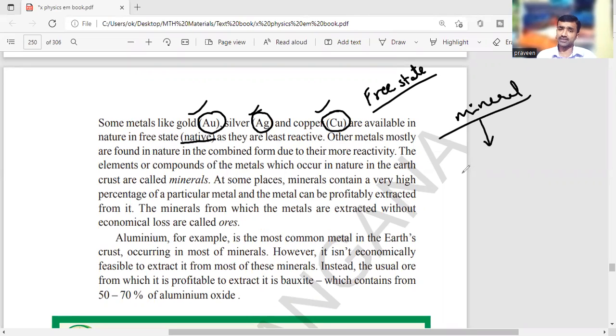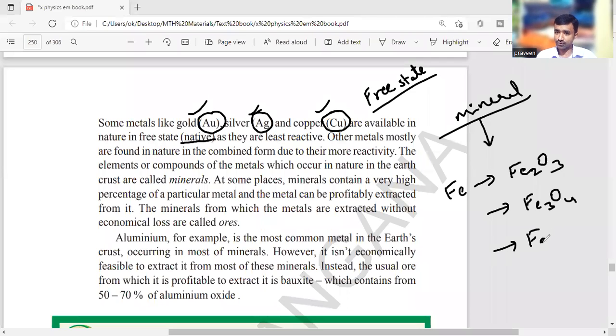For example, if you take iron, it is available in the form of Fe2O3, Fe3O4, FeSO4, FeS, FeCl2, right? Like these, many forms you have.